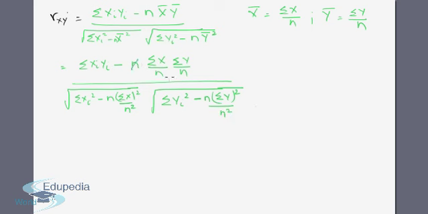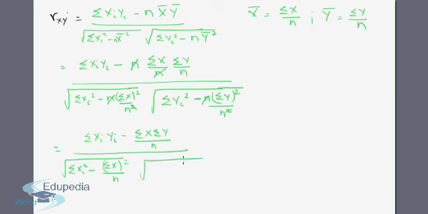I can cancel out the n's, and then I'll be left just with summation xi yi minus summation x summation y by n divided by root under summation xi square minus summation x square by n, and then here we will have summation yi square minus summation y square by n.